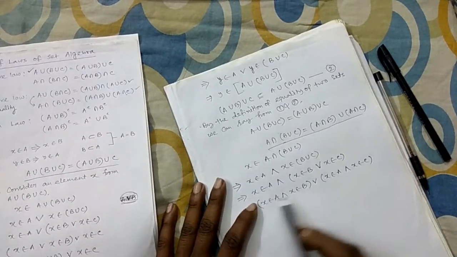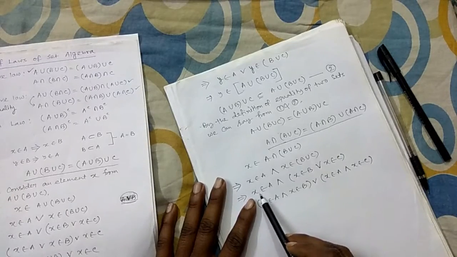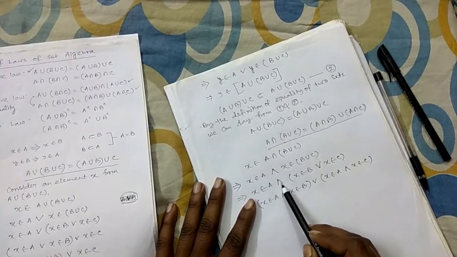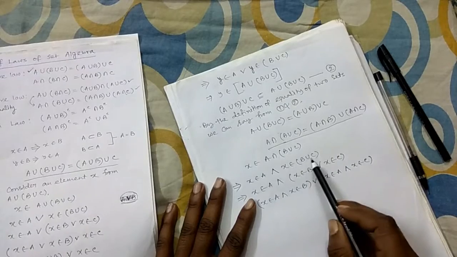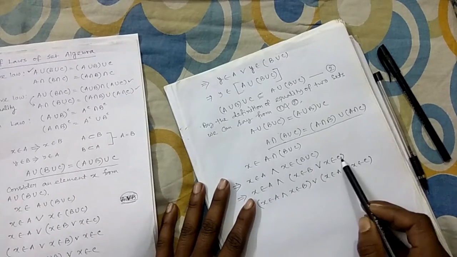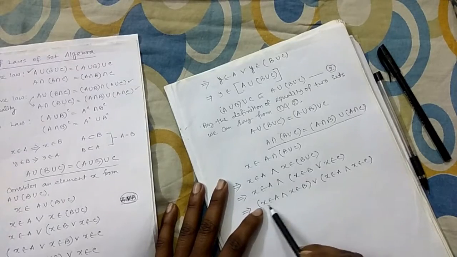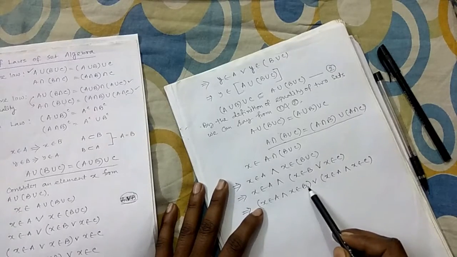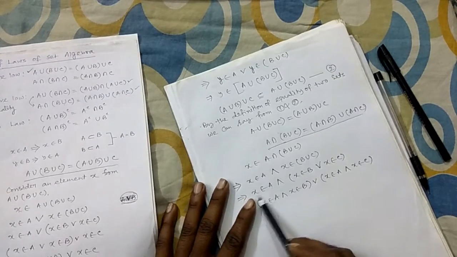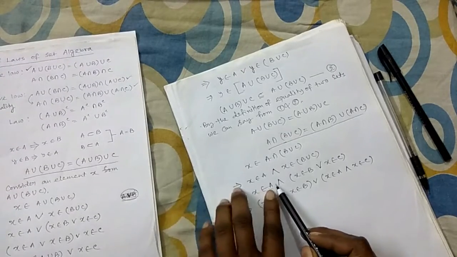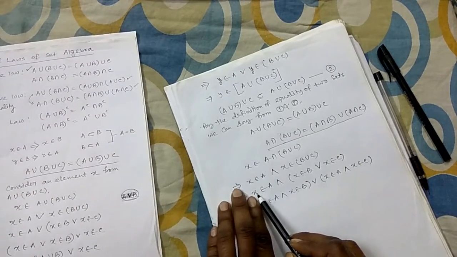Now see, you write X belongs to A and X belongs to B union C, right? Now you write from here X belongs to A and X belongs to B. Since X belongs to the set A, right?